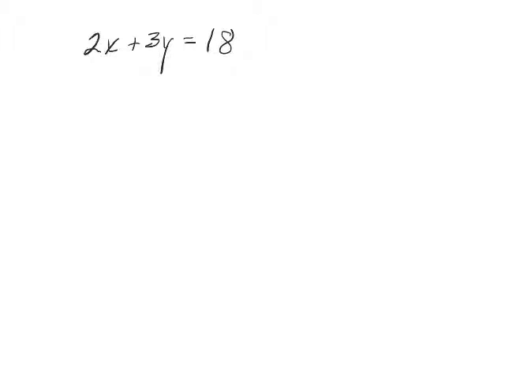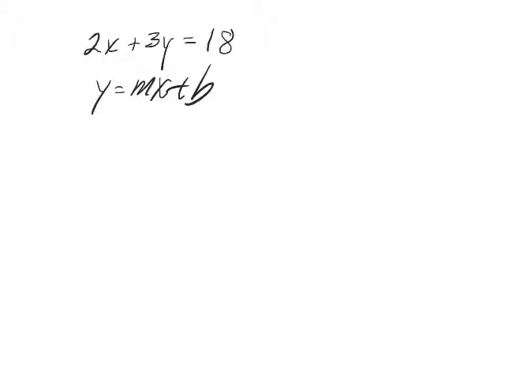This is the standard form of the equation, which is actually ax plus by equals c. What we're going to be doing is looking at that equation and graphing it. What you've done in the past is put it in slope-intercept form, which is y equals mx plus b.